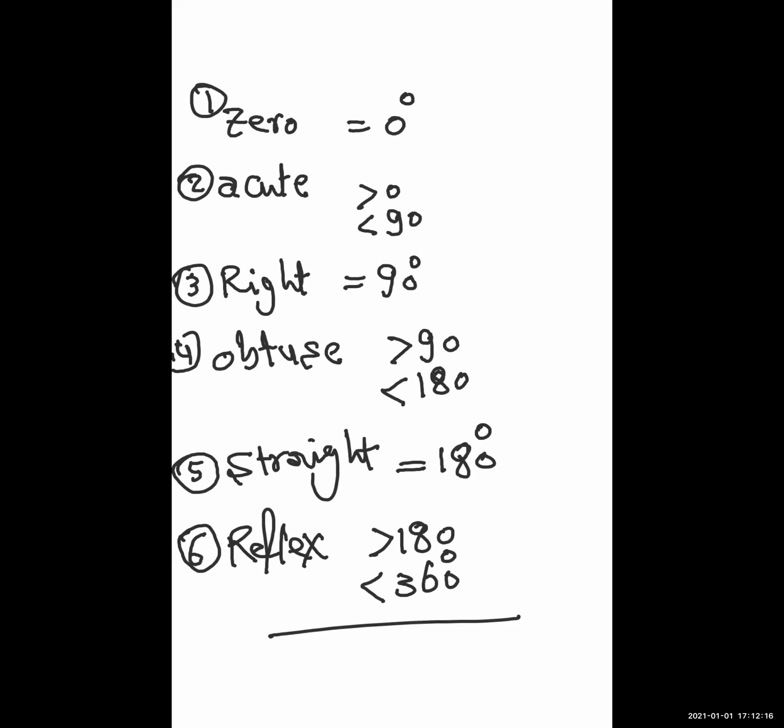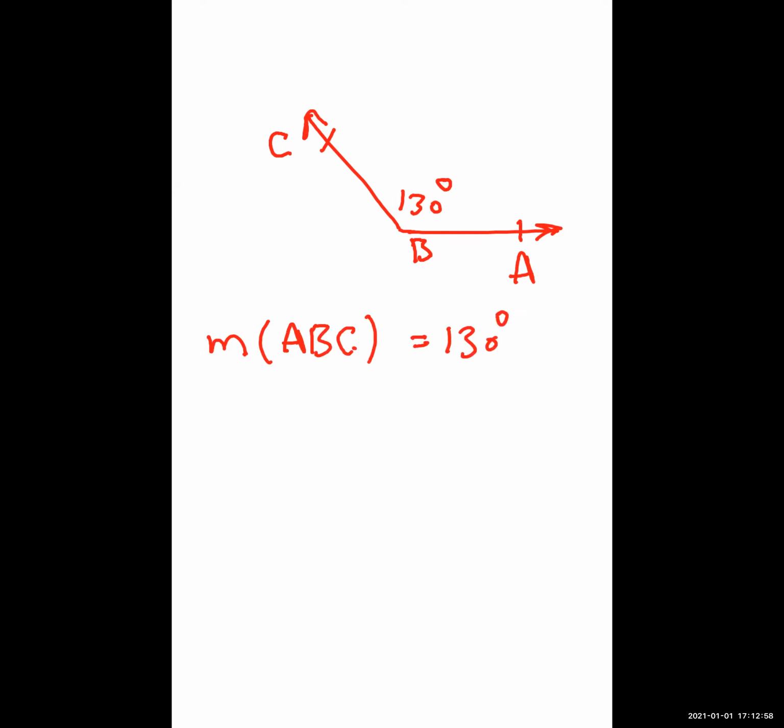The next point, if there is one angle like this one, it's A, B, and then here C. So now, guys, if the measurement of this one is 130, for example, this means the measurement of angle ABC equals 130 degrees.